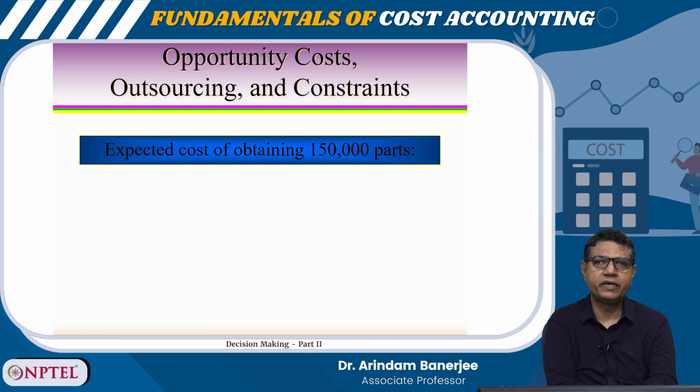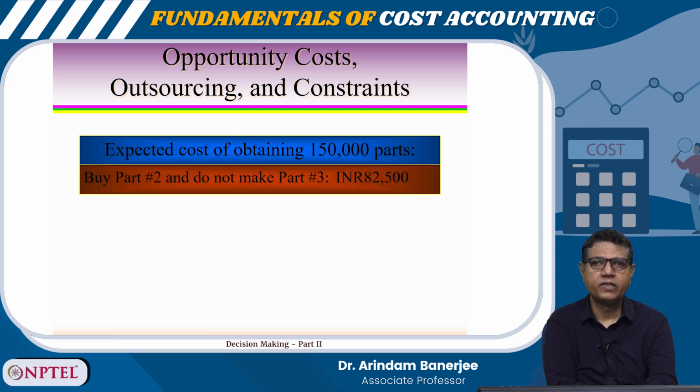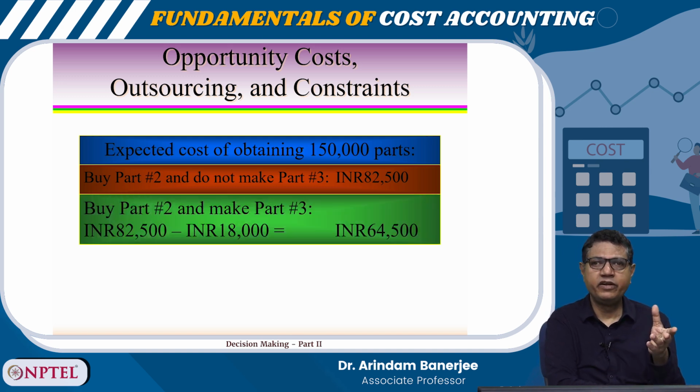Now, what is the expected cost of obtaining 1,50,000 parts? Buy part 2, do not make part 3. If it buys from outside, we have already seen there is a supplier called Sundar and Company, and his cost will be rupees 82,500. If it buys part 2 and makes part 3, right?